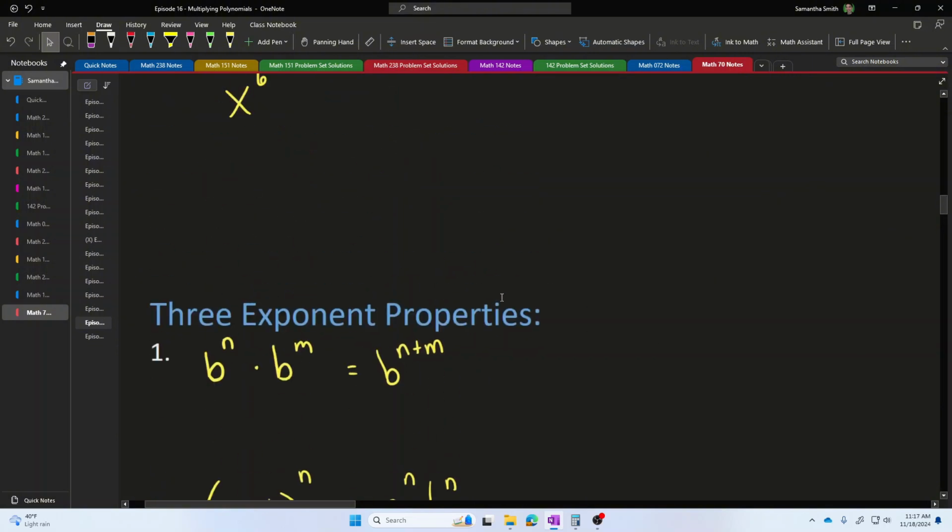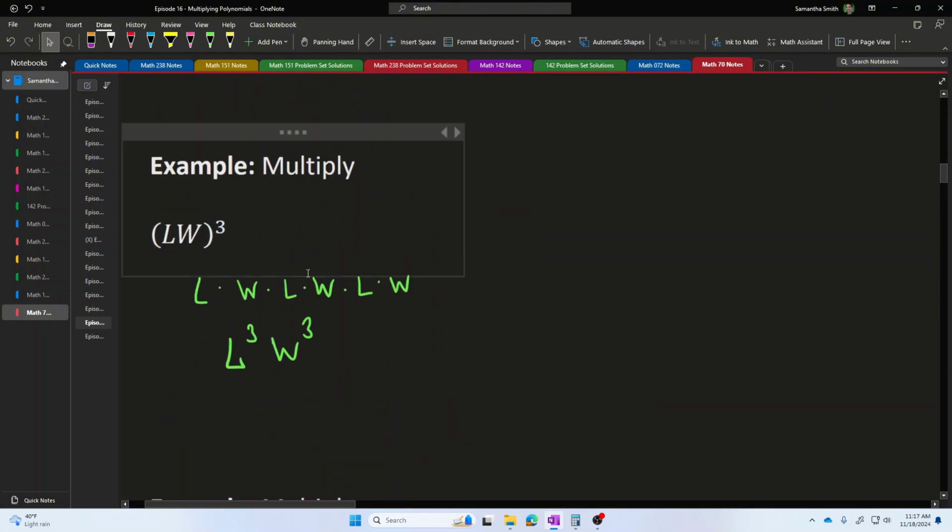This is very similar to what happened in this example with L times W raised to the power 3. This was just 3 copies of L times W multiplied together, which was equivalent to if we had 3 L's and 3 W's, L to the power 3, W to the power 3. So you can basically just apply a copy of that exponent to each piece of this product.